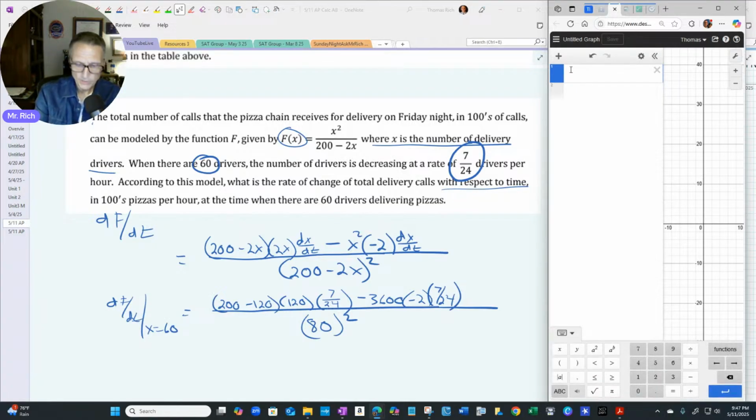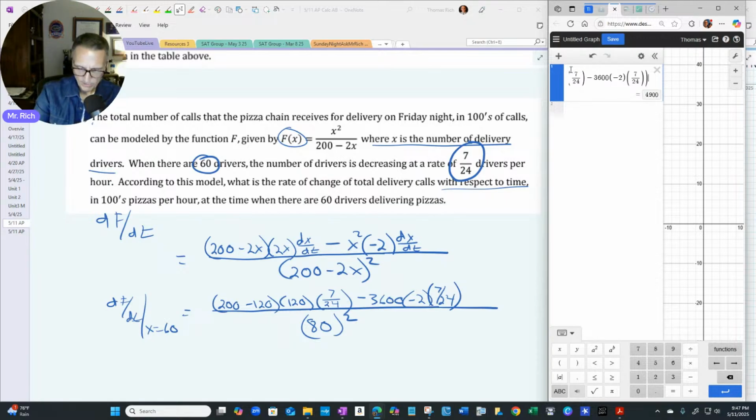So that is going to be 80, 120, and now we're going to put in 7/24 up here, and minus 3,600 times -2 times 7/24.